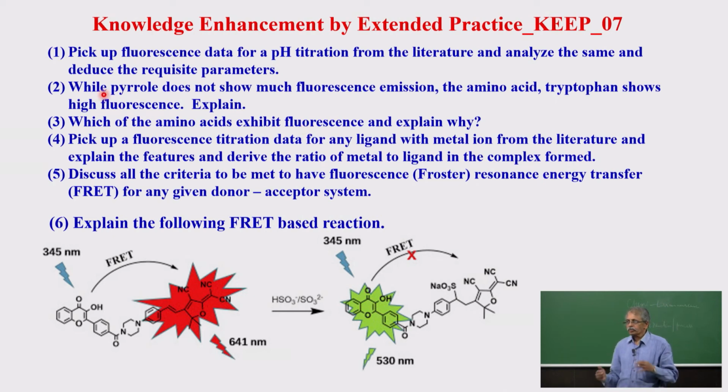What I want to do is give you enough freedom to look for the fluorescence data for any pH titration. Take that one, start analyzing, and deduce the requisite parameters. Make a plot out of that if the plot is not given. If the plot is given, use the same plot, and then try to deduce the pKa values and other things.